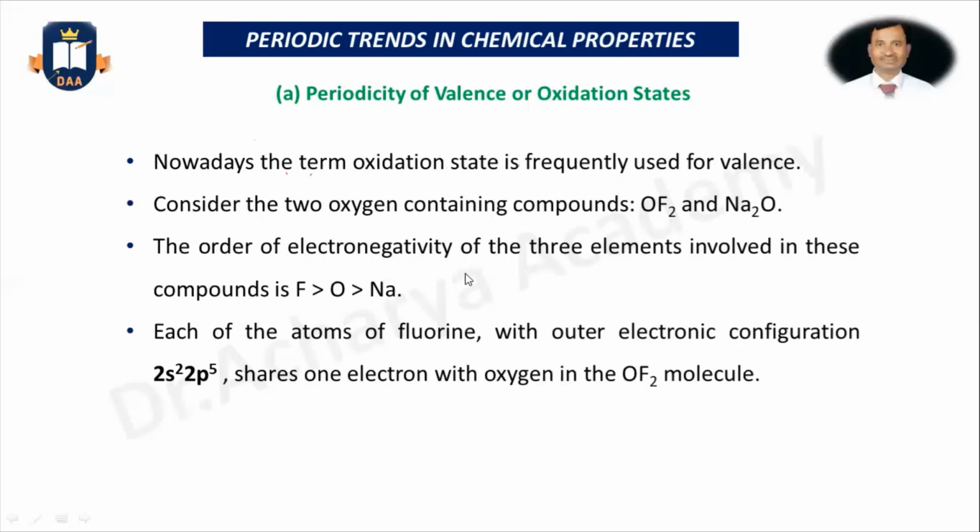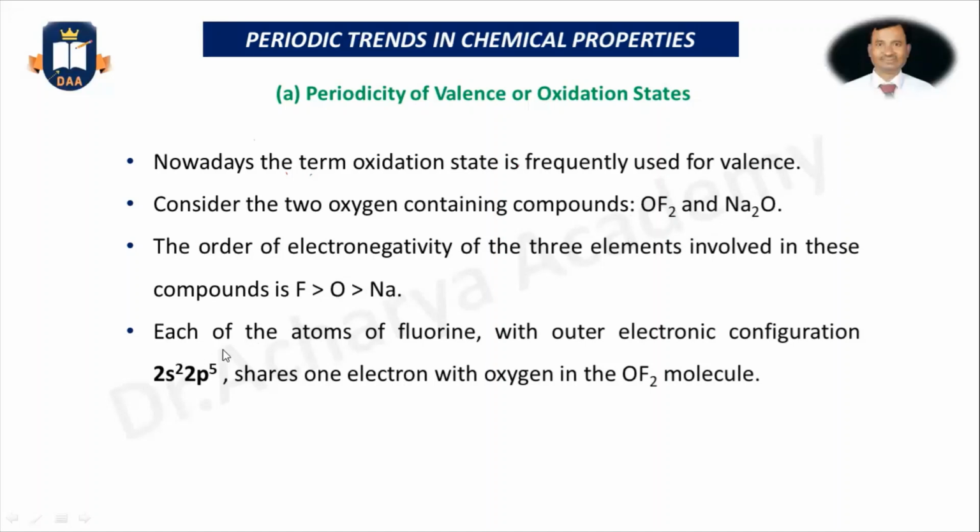The order of electronegativity of these three elements, that means oxygen, fluorine and sodium: fluorine is the most electronegative element, oxygen is comparatively less electronegative, and electronegativity is lowest for sodium in these two compounds.